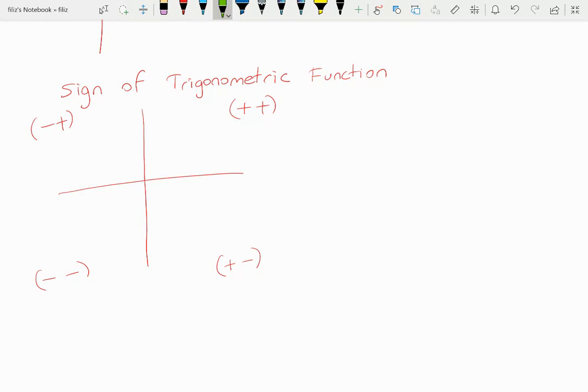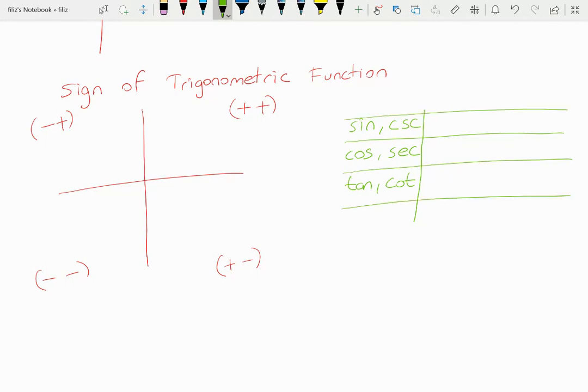So let's make a table for sine and cosecant, cosine, secant, tangent, and cotangent, and their signs on the coordinate plane.